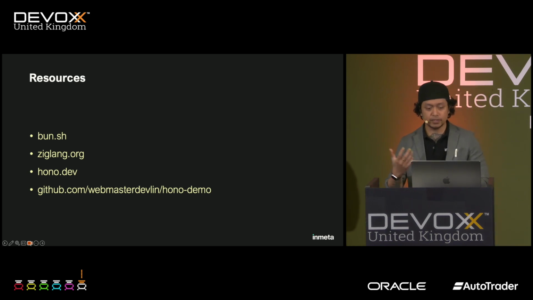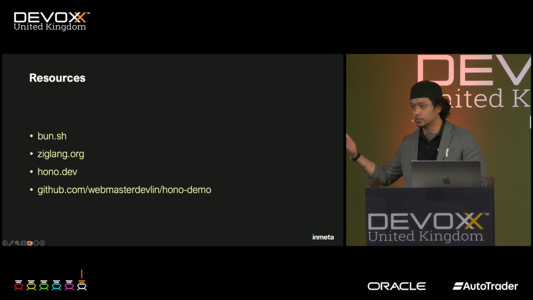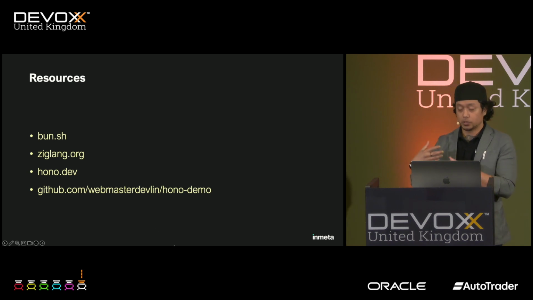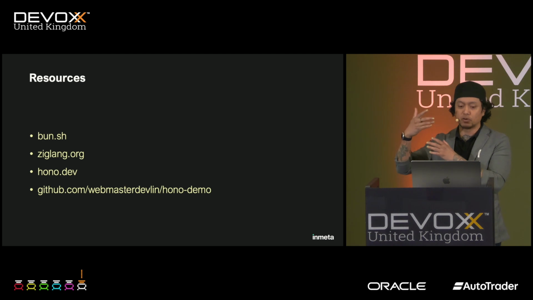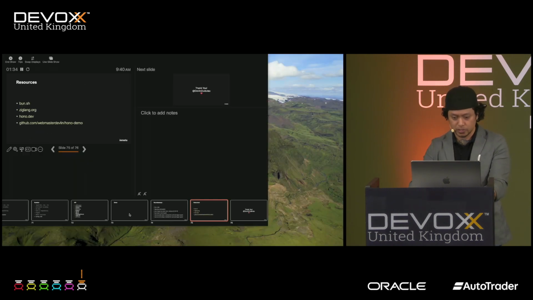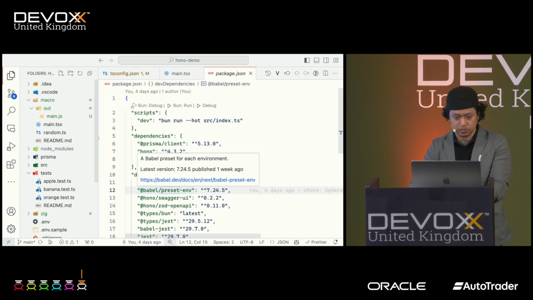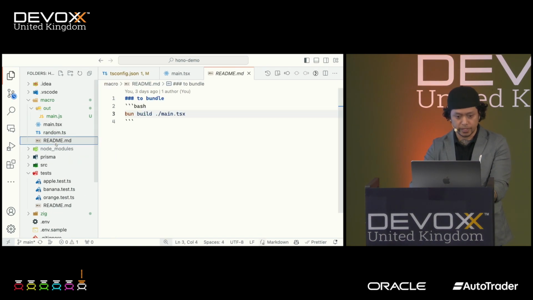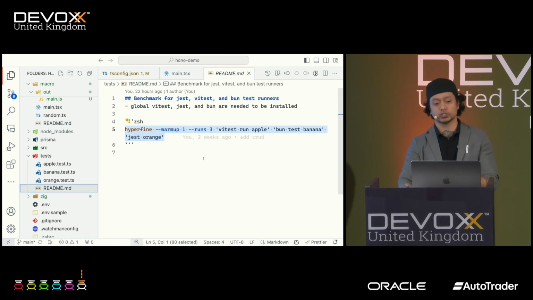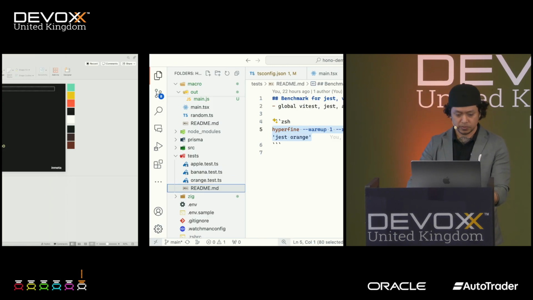Hono.dev, and this repo that I'm doing, the app that I'm using here with commands in the terminal. Those are all saved per folder in the README. So you can see here. We can just go here to show you, right? And I have here how to run it, and the test, also how to run it. So yeah, it's all in the repo.